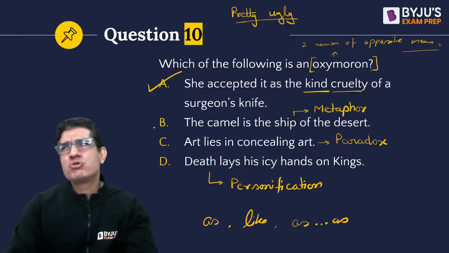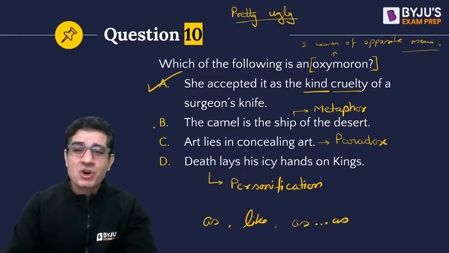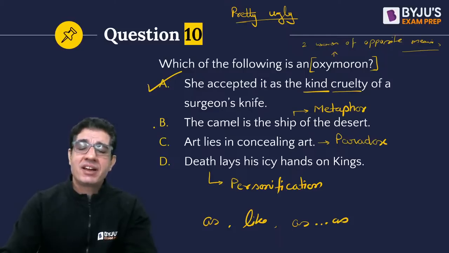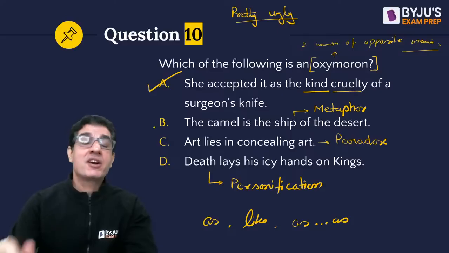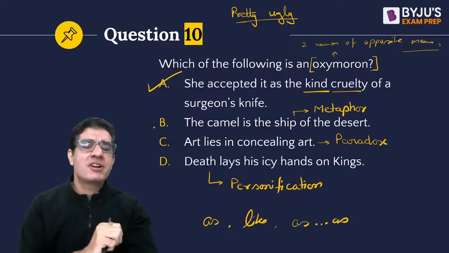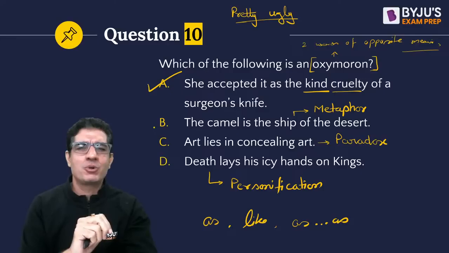A paradox is two seemingly contradictory things occurring together. Euphemism is a polite substitution of a harsh word by a polite word. Paradox are two seemingly contradictory ideas where you feel that both of them cannot be true together.